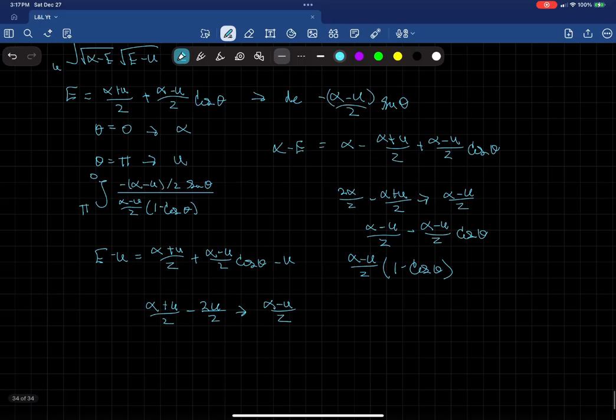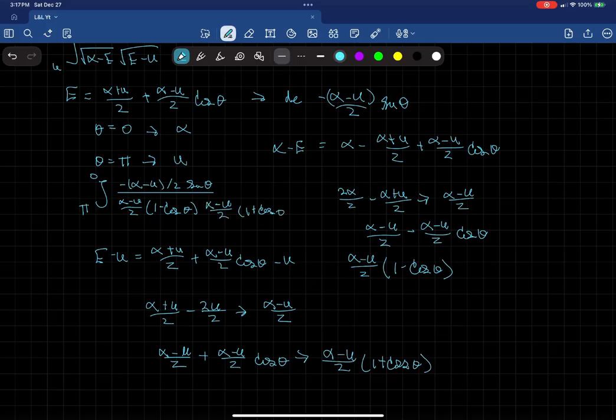And then I have (alpha minus u)/2 plus (alpha minus u)/2 cosine theta, which can just be factored as (alpha minus u)/2 times (1 plus cosine theta).